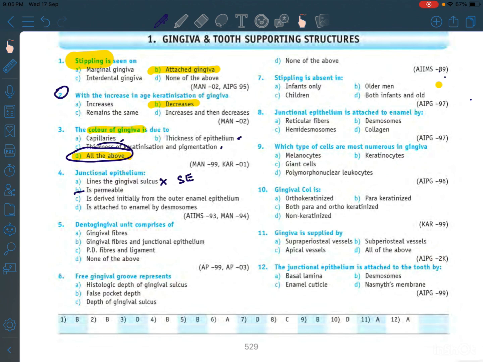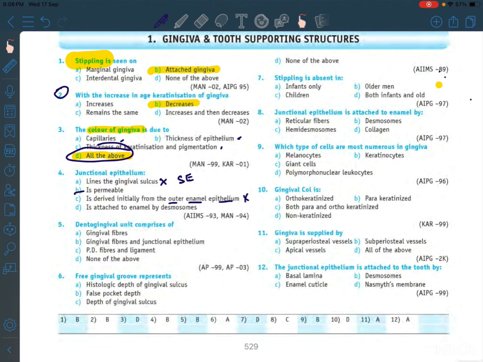Okay. Now option C: is it derived initially from the outer enamel epithelium? That's a trick option actually. So no, it does not.